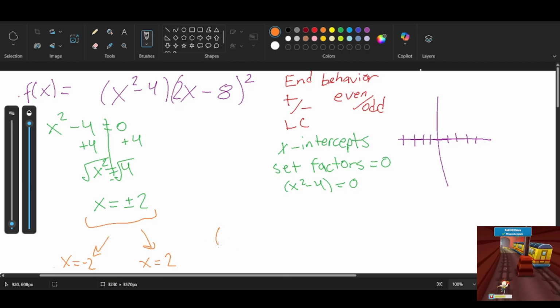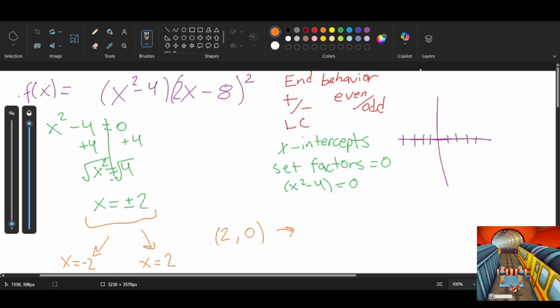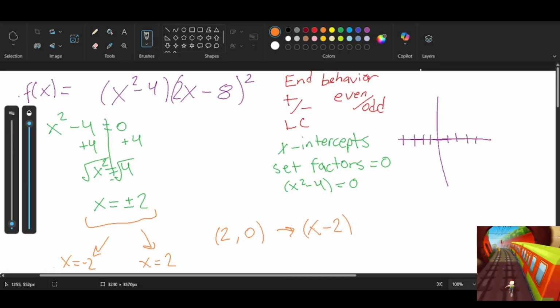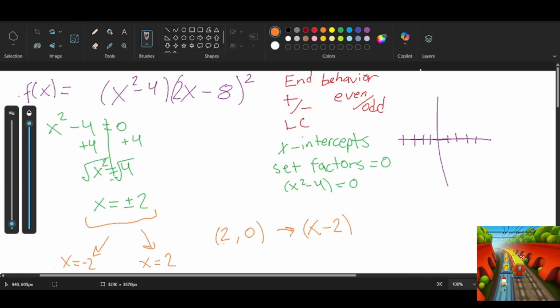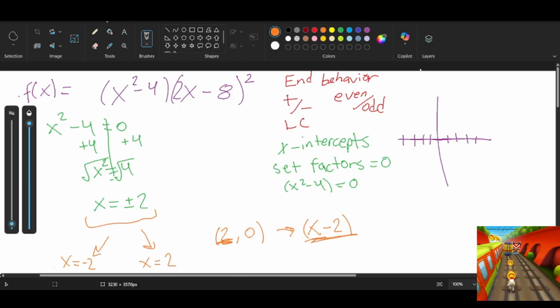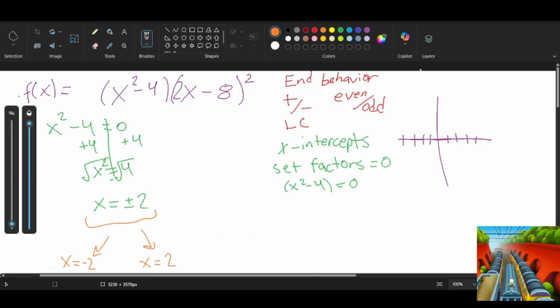If you were given an x-intercept of (2, 0), that's telling you that we know there has to be an x minus 2 factor in that function in order to have an x-intercept there, because +2 is what makes this factor equal to 0. Again, not the case in this problem, but it might show up.